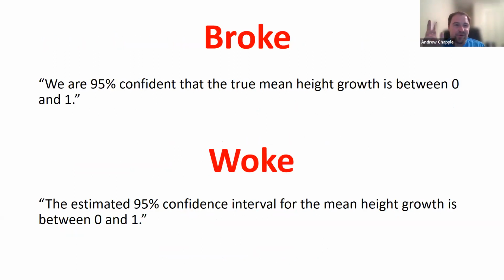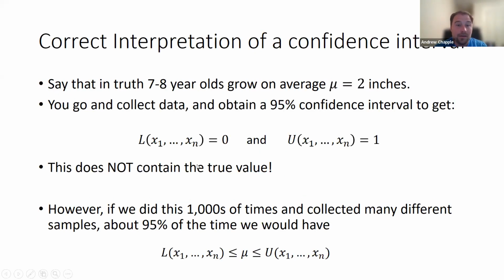Wrong: we're 95% confident that the true mean height growth is between 0 and 1. That's not a true thing. Right: the estimated 95% confidence interval for the mean height growth is between 0 and 1. So don't talk about, hey, we're positive that this population mean is in there. It either is or it isn't, right? So in this example here, it's not in there.